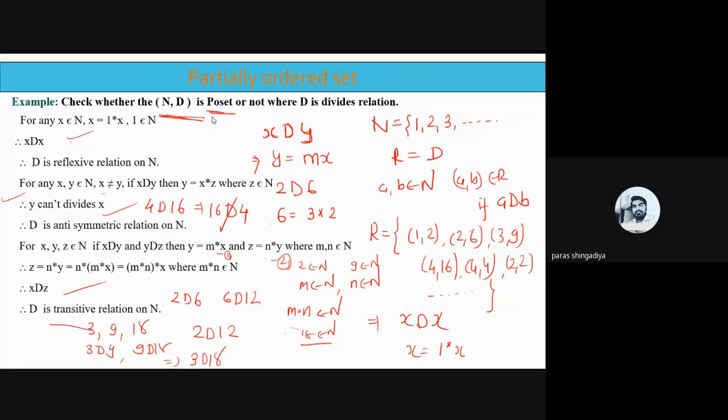Umesh, Ronak, Dwarkesh, Dhanraj, yes, Parth. Is it clear? Is there any doubt?